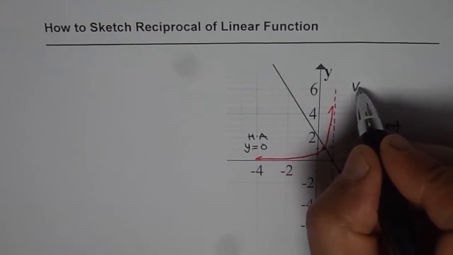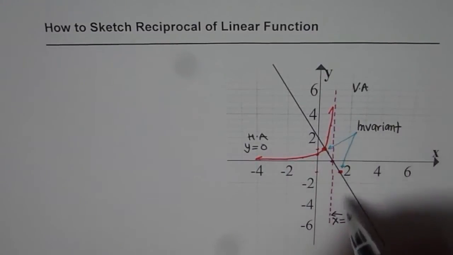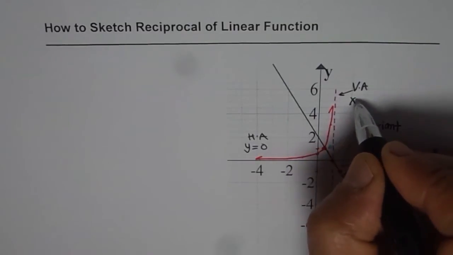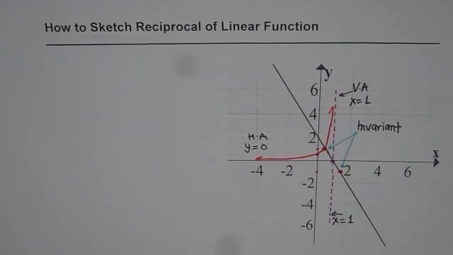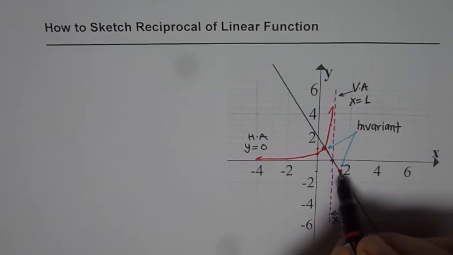So we'll say vertical asymptote is what? The vertical asymptote we already defined, x equals 1, right? So that is approaching the vertical asymptote, which is x equals 1. That's good. Let's get to quadrant 4 now. Starting with the invariant point, which is minus 1.